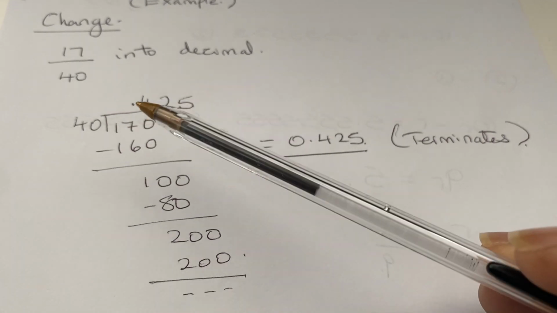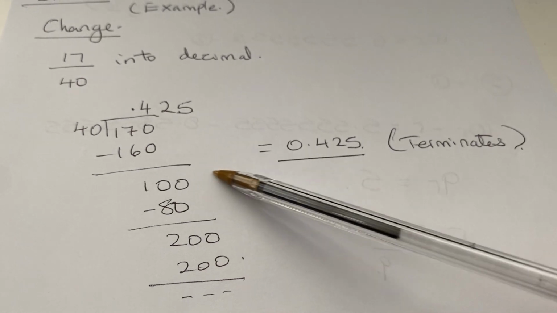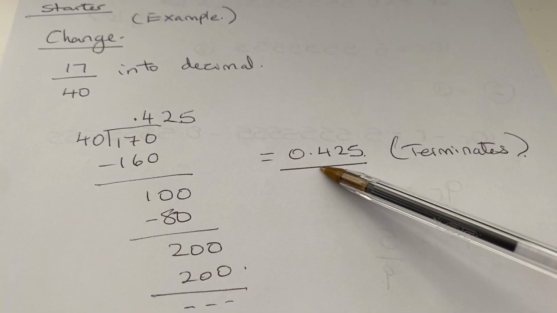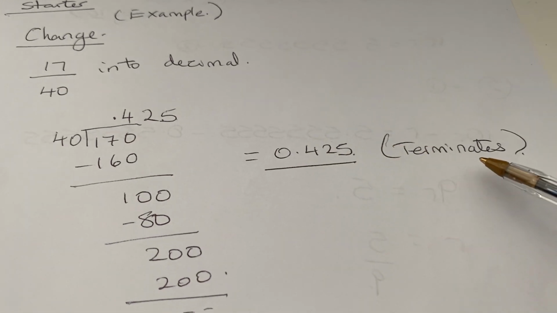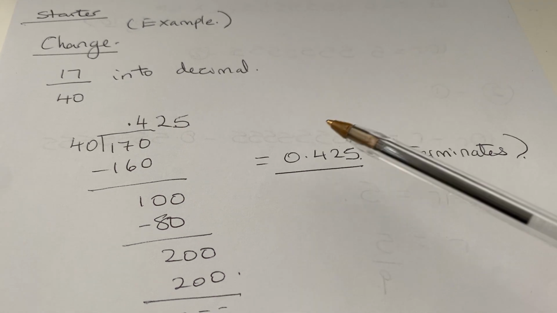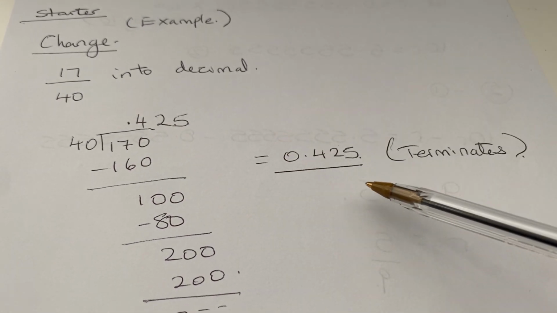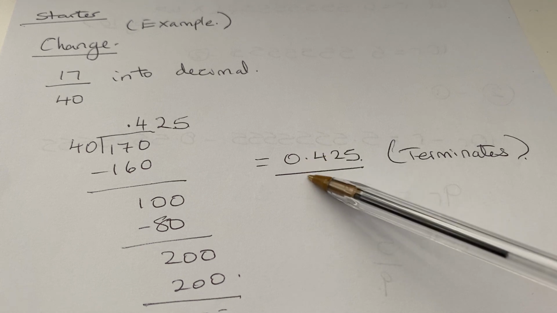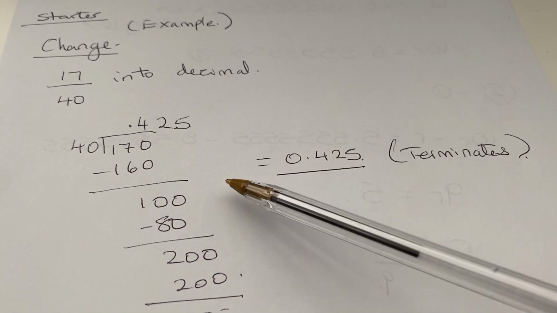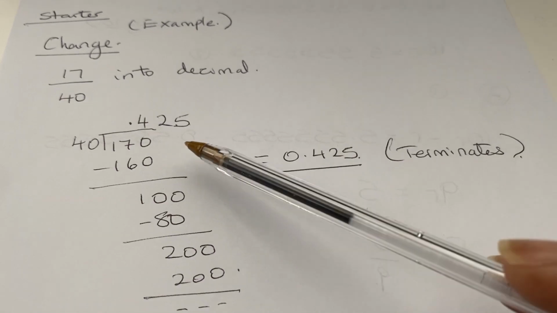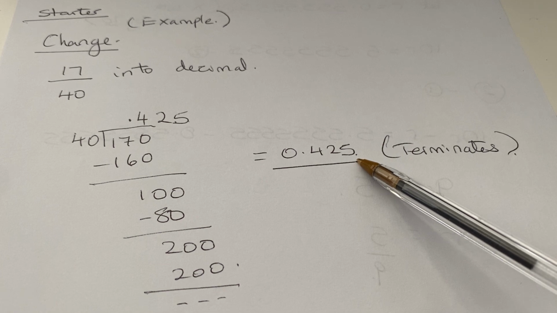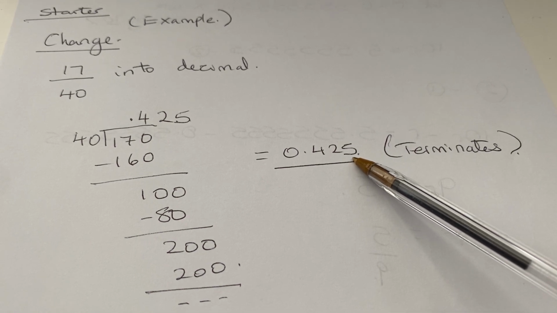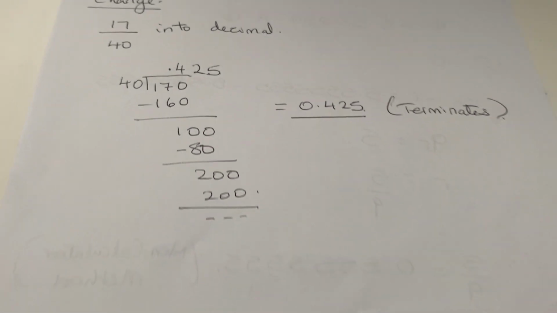So 17 over 40 will give us a decimal of 0.425, which terminates. So we've changed a fraction into a terminating decimal. Now that is our starter.